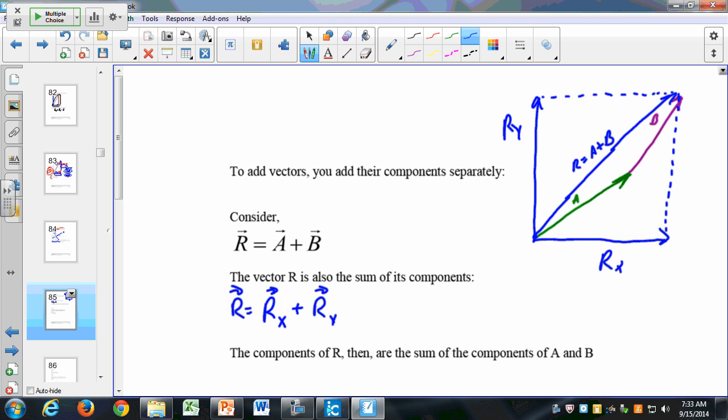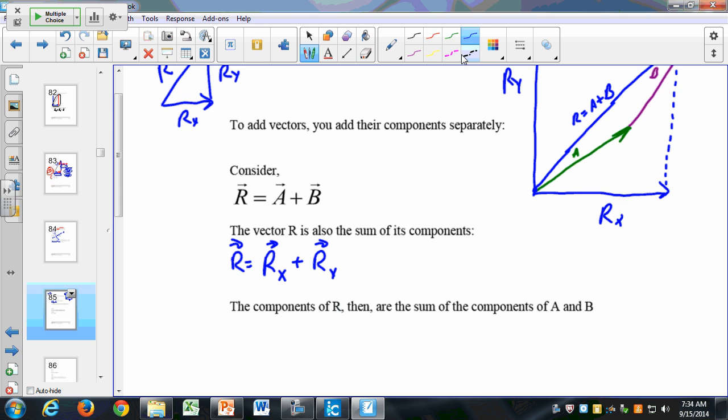And then we can show that R is equal to the sum of those two vectors, right? So if I have Rx here, Ry here, then this is R. Rx, Ry, R. We can also show that the components of R are the sum of the components of A and B. That is to say that Rx is equal to Ax plus Bx.